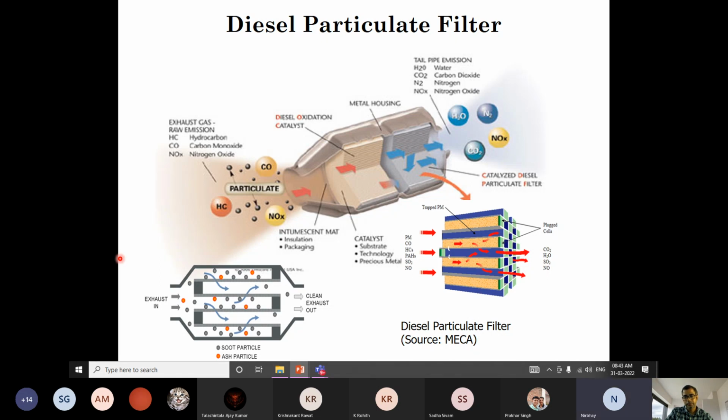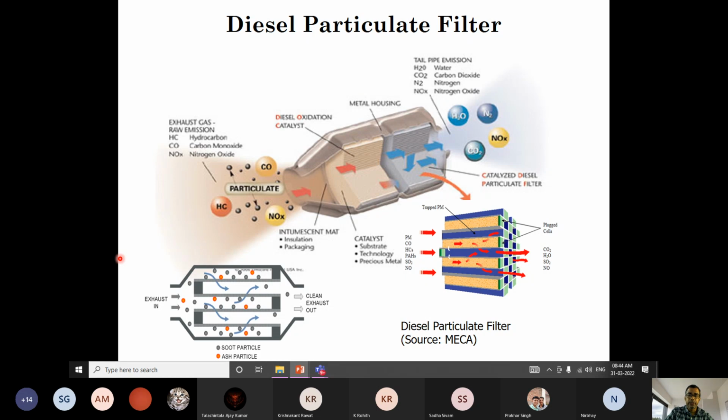The diagram here shows soot particles and ash particles for the DPF. Can you explain the difference between soot and ash? When particulates burn out, they convert into ash.